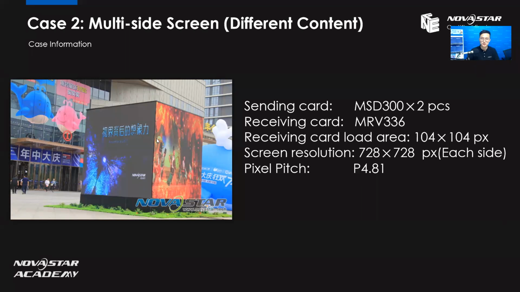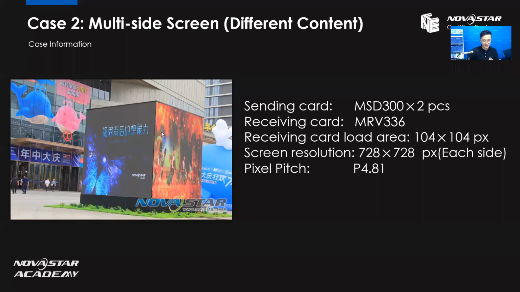The screen resolution is 728 by 728 for each side, so each side has the same pixel resolution. So you can think about how to build the system structure and how to do the software setting.